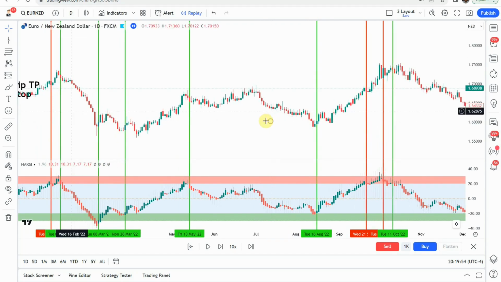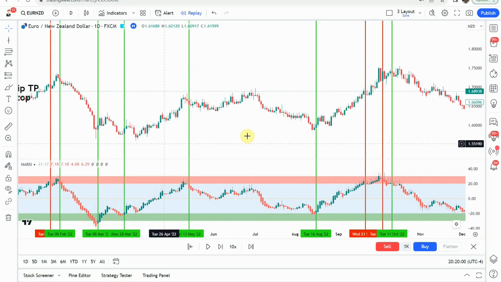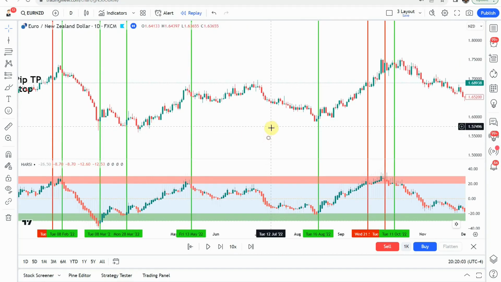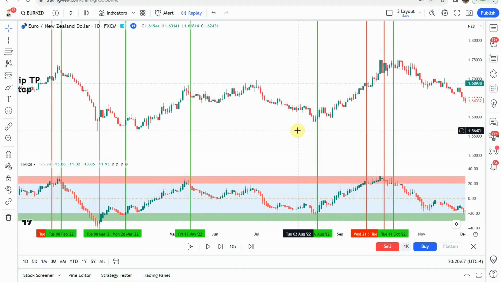And so you can kind of see that in a few of these here, like this one right here, this one right here. But the other signals were pretty spot on signals. They would have worked out really well. And so I think this is a pretty decent indicator. It's definitely going to go on the yes list, and we'll move on to the next video from here.